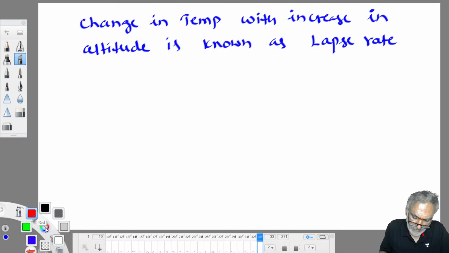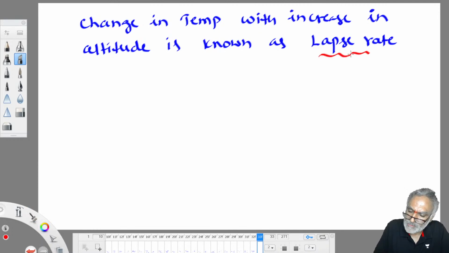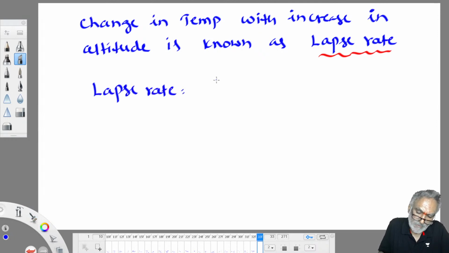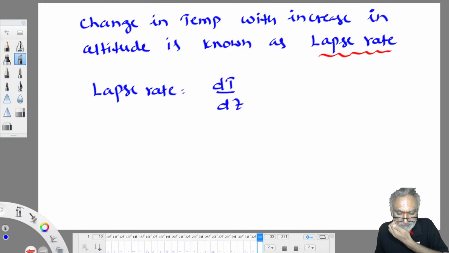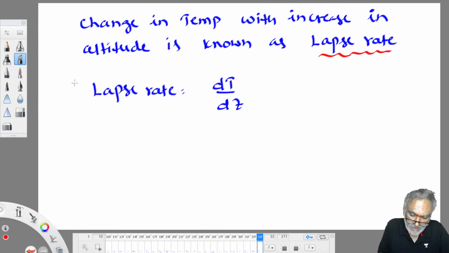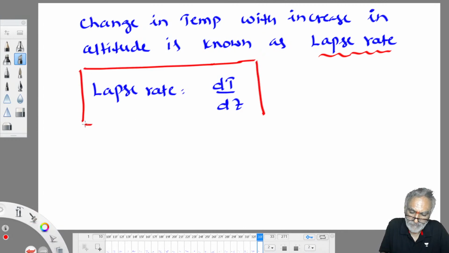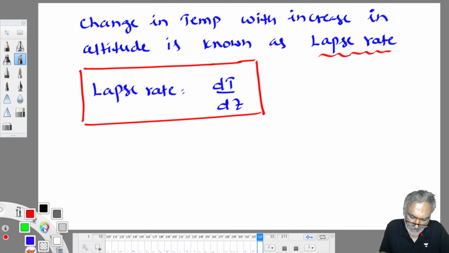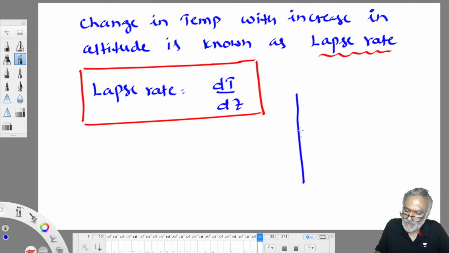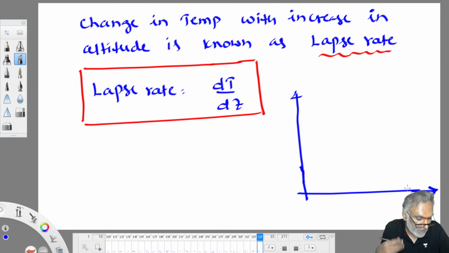Okay, this is what you need to measure. So lapse rate, mathematically, is dT by dz. So in the vertical atmosphere the temperature profile keeps on changing. But we consider only the troposphere because we live there.